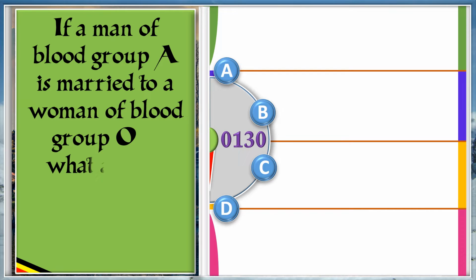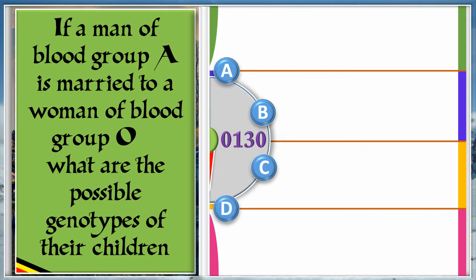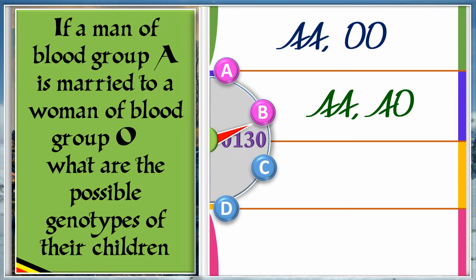If a man of blood group A is married to a woman of blood group O, what are the possible genotypes of their children? A. AA and OO. B. AA, AO.